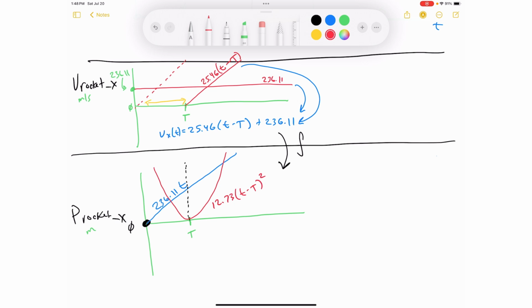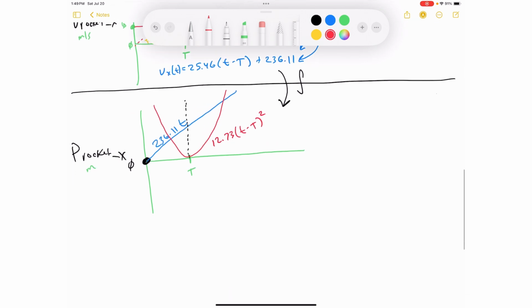Sorry, that's not the composite. Those are the individual functions. The position of the rocket in x is what I get by integrating the two velocity functions. One was 236.11 t, and the other was 12.73 times little t minus big T squared. Just like on the top, you can add those together.